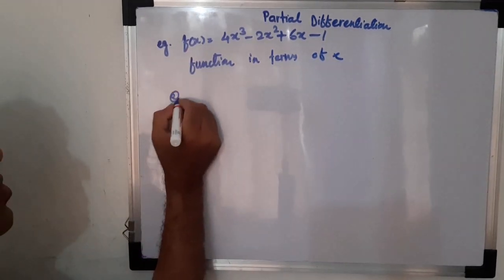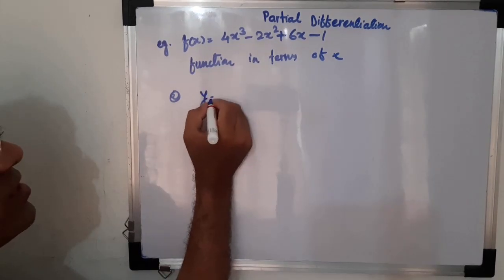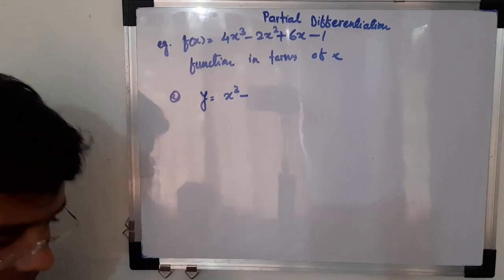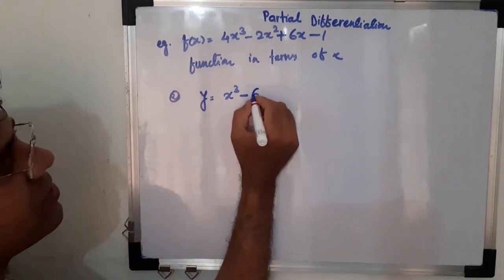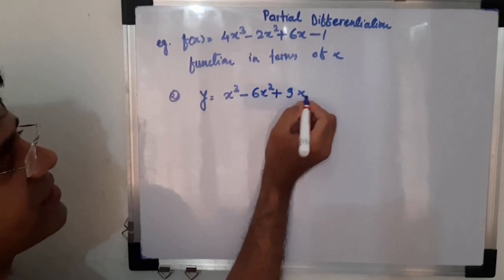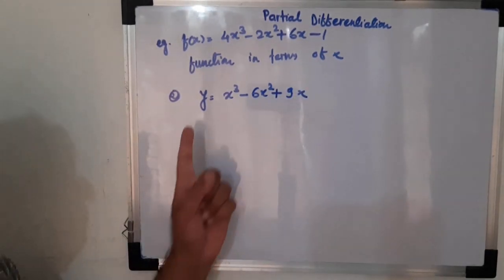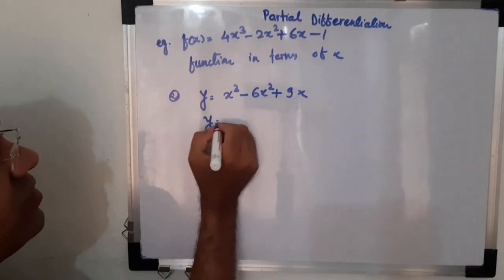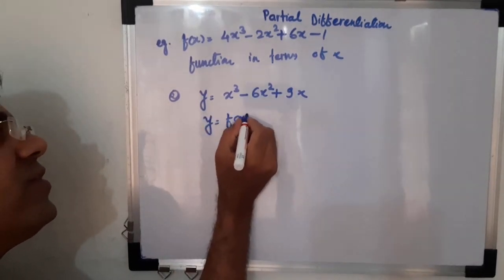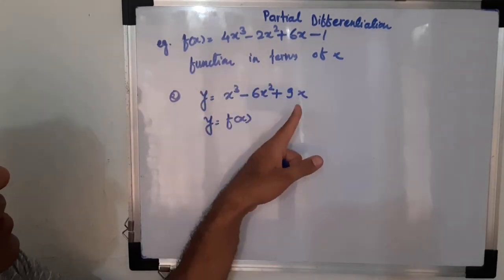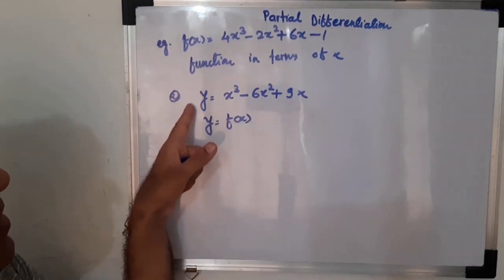Second example, suppose y is equal to x cube minus 6x square plus 9x. Now y is a function of x here, so we can write y is a function of x, because all the x terms are on the RHS and y on the left.